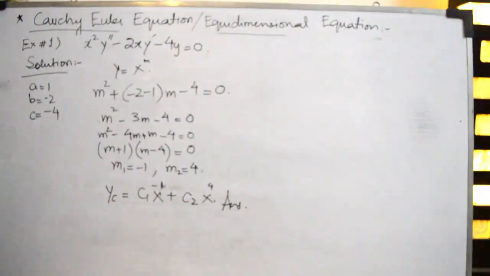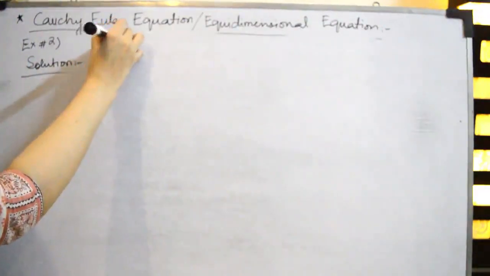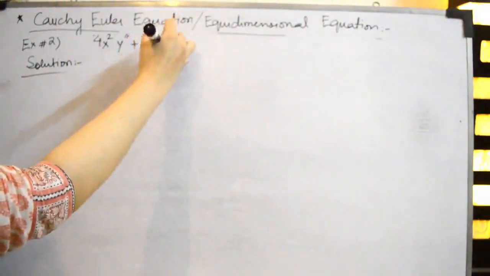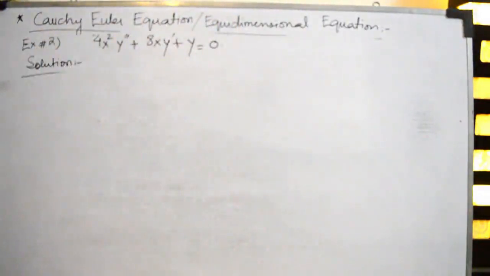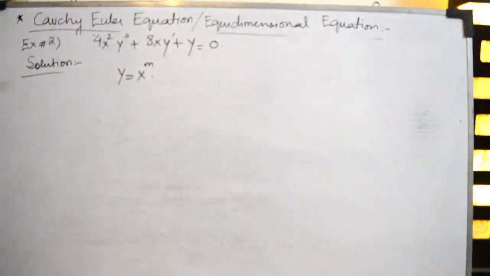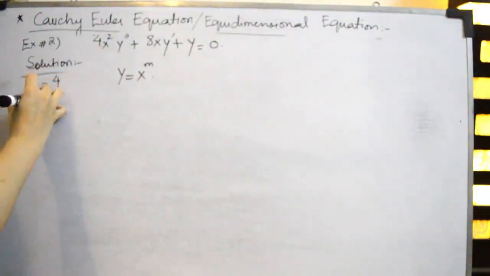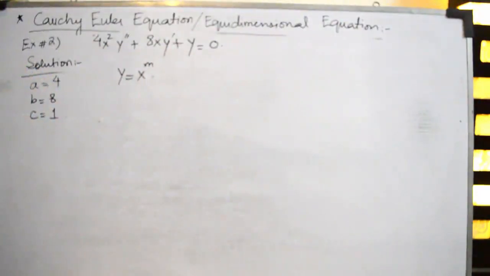Now we come to the second example, example 2: 4x square y double dash plus 8x y dash plus y equals 0. You can substitute y equals x to the power m and construct the auxiliary equation. I am just constructing the auxiliary equation by selecting a as 4, b as 8, and c as 1.